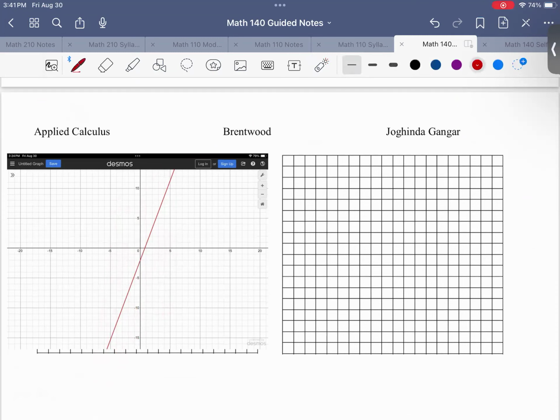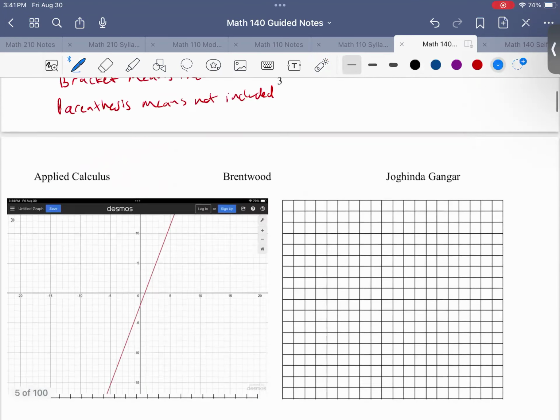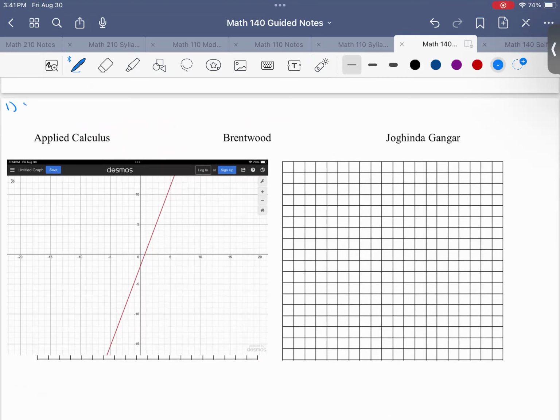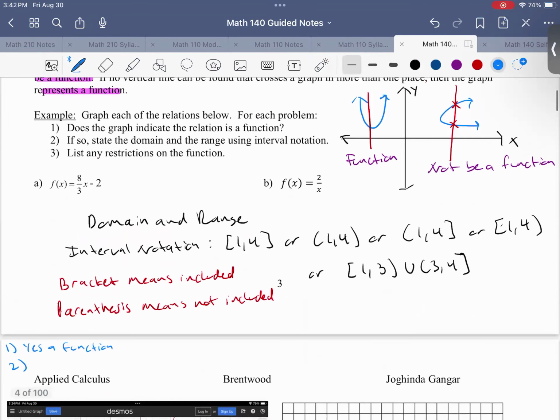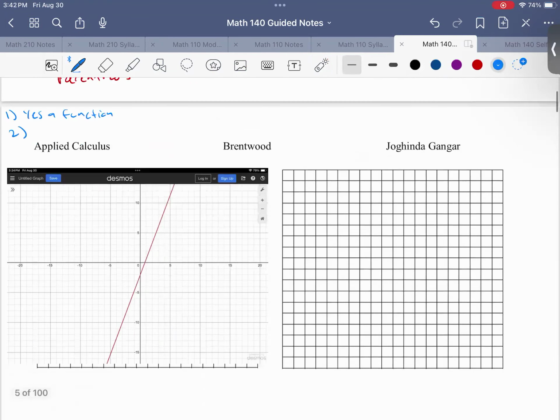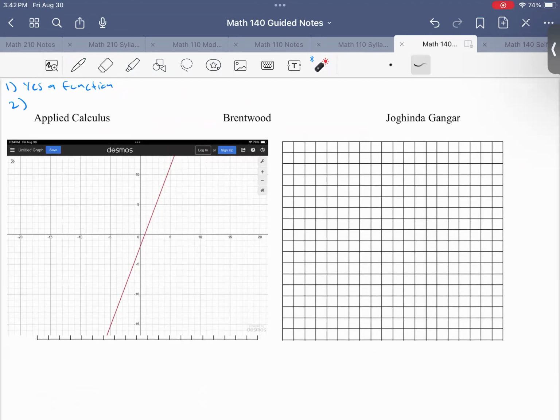So I'll say, one, yes, a function, and two, what is the domain and range of it using interval notation? So remember, domain is x values.